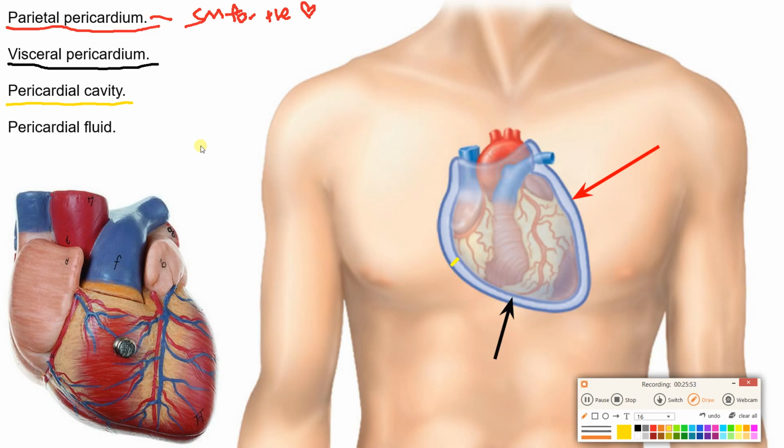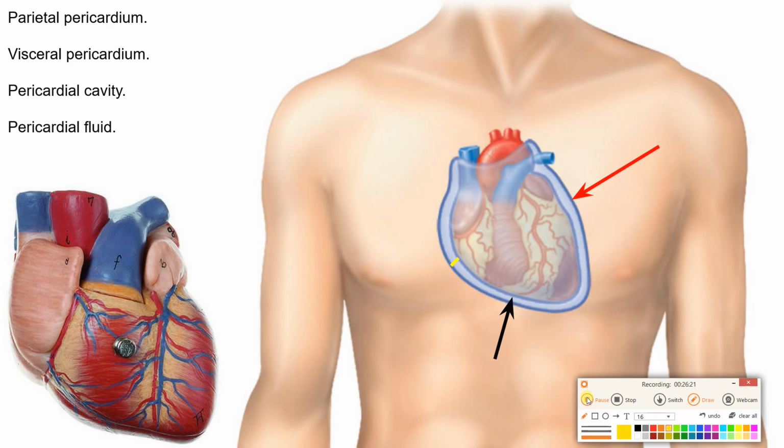And of course, that cavity is going to have fluid in it, serous fluid, but we call that fluid pericardial fluid, and it is providing the necessary lubrication to reduce the friction that would be experienced as the heart fills up with blood, as it relaxes, and as it gets a little smaller as it contracts. All right, excellent.